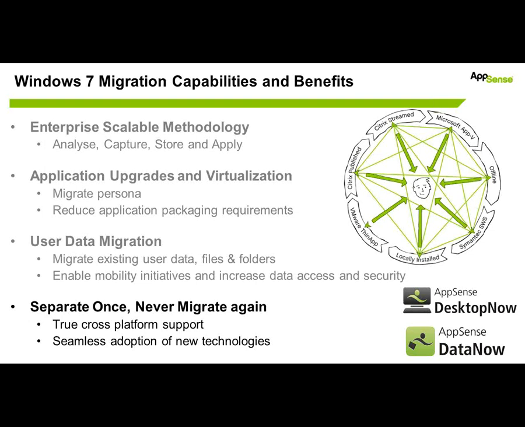We've got customers, for instance, that allow their users to migrate to 7, and if things do go wrong during that phased upgrade, then they can actually move the settings back onto the Windows XP until user acceptance has been resolved, for instance. Because of the way that our technology works and because of how we're essentially managing and storing that user information, it does mean that I can swap, for instance, platforms and application deployment technology in and out of my environment and still yet allow that persona to carry across.